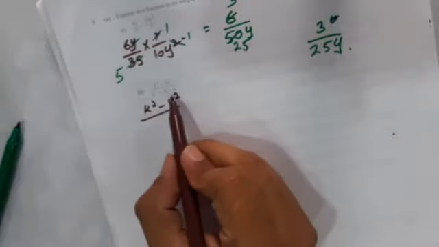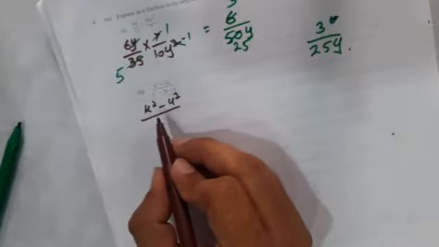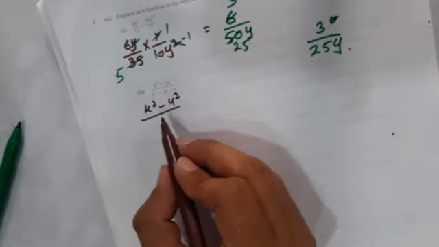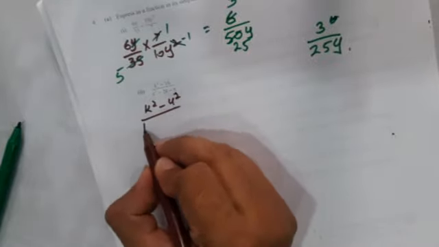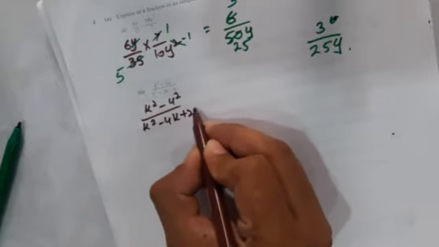This can be factorized. 8 into 1 is 8. We have to find two factors which multiply to give -8 and add to give -2. So the factors will be -4 and +2. So we will place here k square minus 4k plus 2k minus 8.